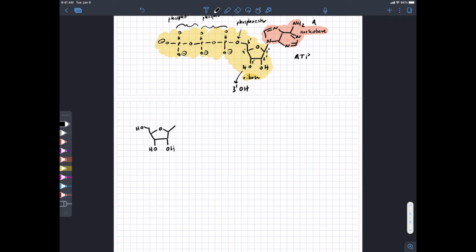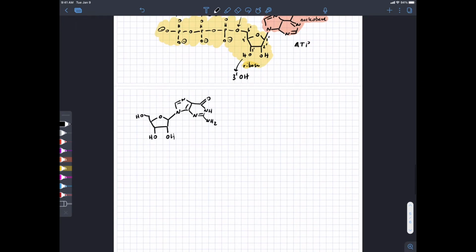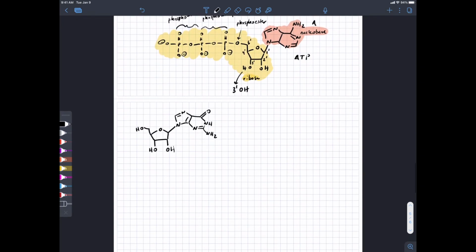I'm going to draw, let's see, guanosine. And then I'm going to show the attack of the oxygen in guanosine on the next nucleotide.